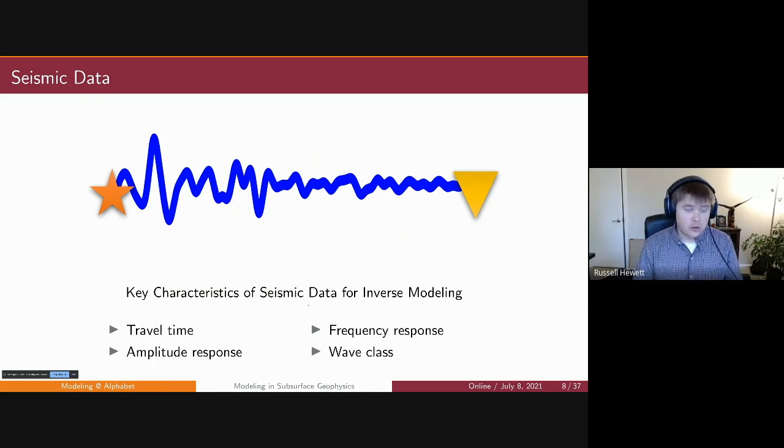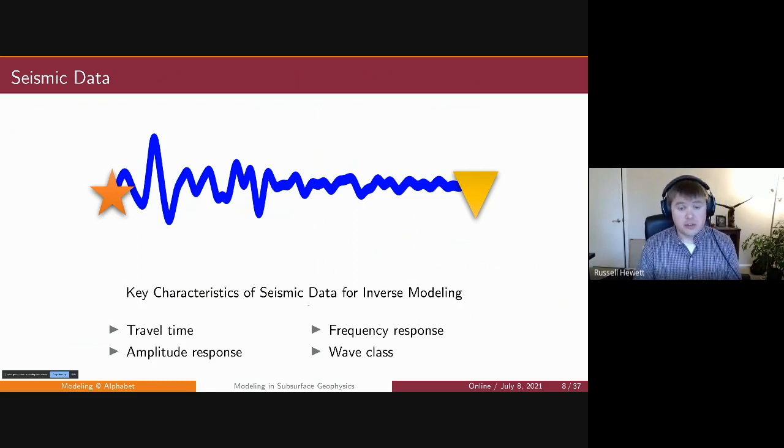One of those could be the travel time of a particular event. So I have that large event on the left side there. If I know the time between when that event was induced by the source and how long it takes to get to the receiver, or an array of receivers, basically, that time is influenced by the structure of the subsurface. And we can use just the travel time itself to get a coarse reconstruction of the subsurface.